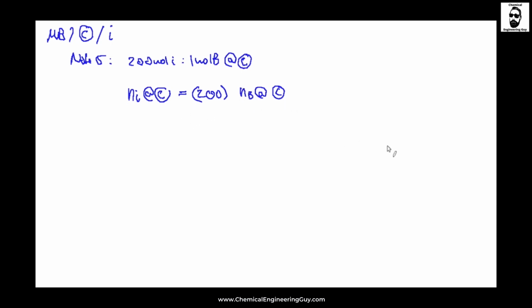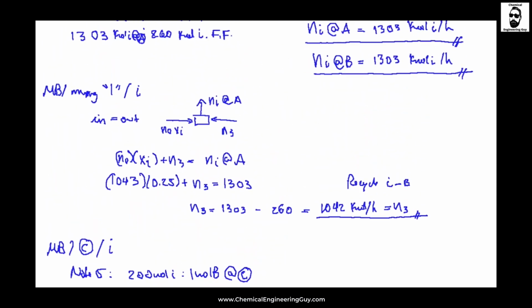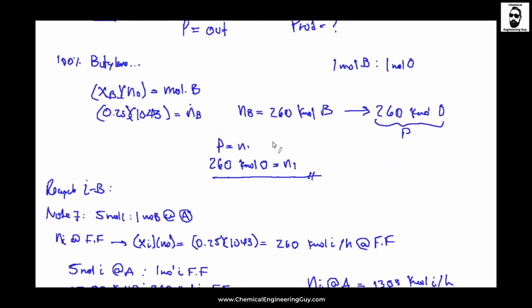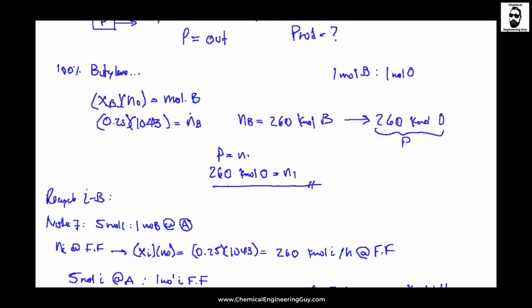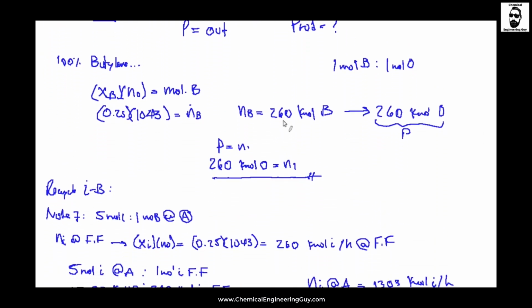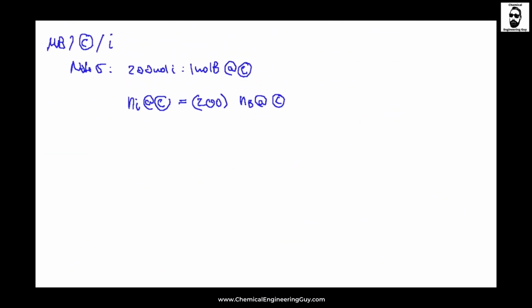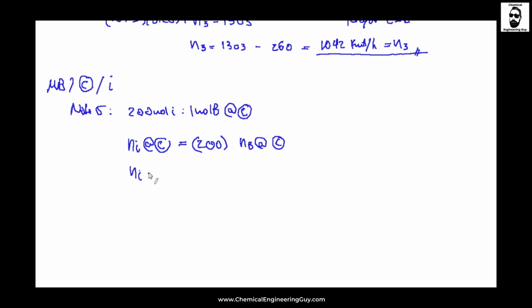I know that N of B equals this amount, which is essentially this amount. Let me just write it. My moles in the inlet of the reactor of isobutane is essentially 200 times XB times N0, which, why this?